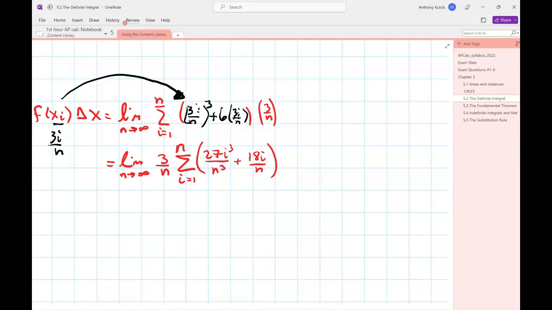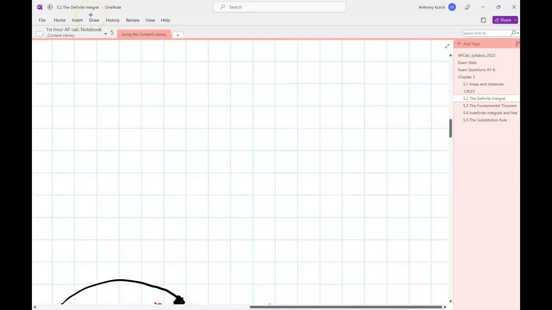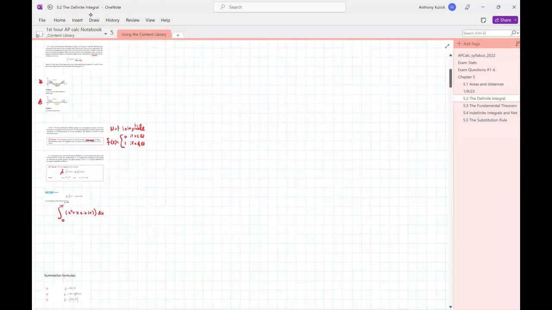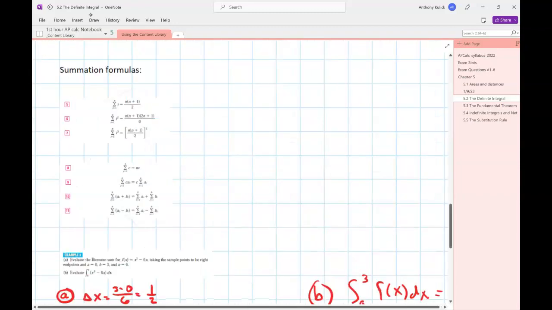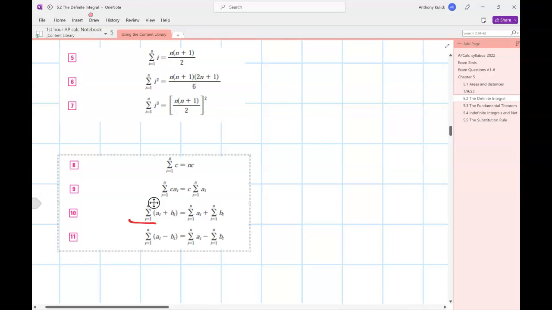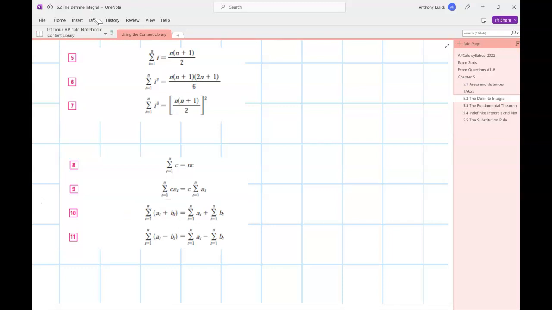And now I'm going to use my summation rules. So if I go back and I look at my summation properties here, where are you guys? There they are. I'm going to distribute my sum through the addition. And then I'm going to pull my constants out front of the summations. Everybody's okay with that?